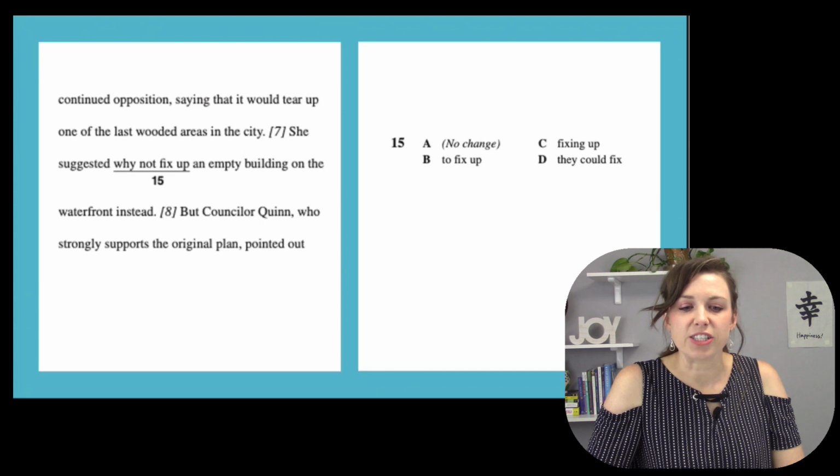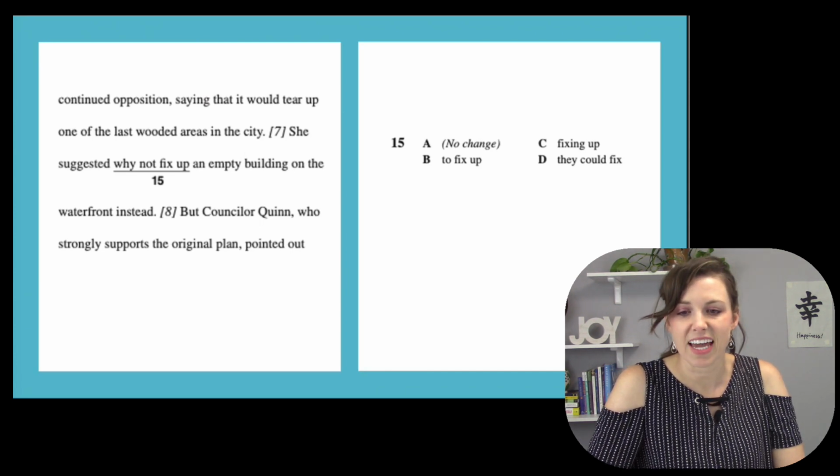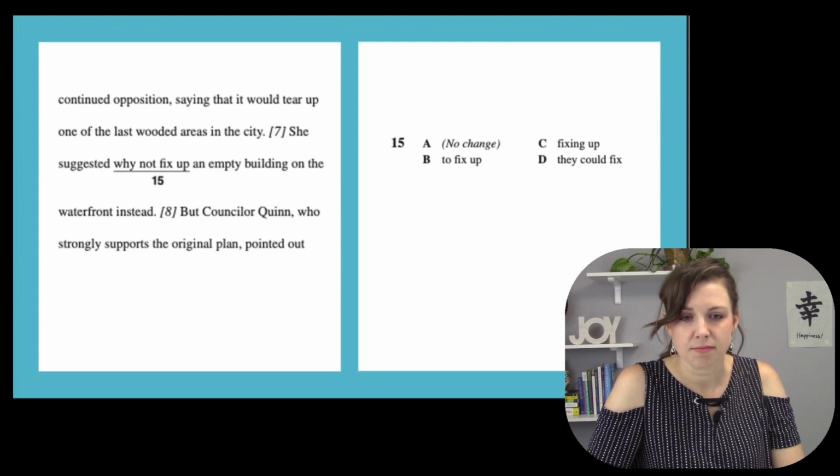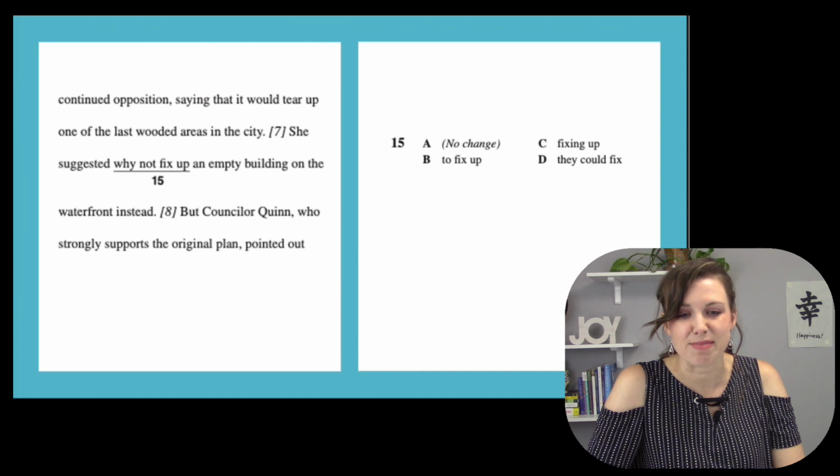15, she suggested, why not fix up an empty building on the waterfront instead? So let's look at the other ones. She suggested to fix up an empty building. She suggested fixing up an empty building. She suggested they could fix an empty building.